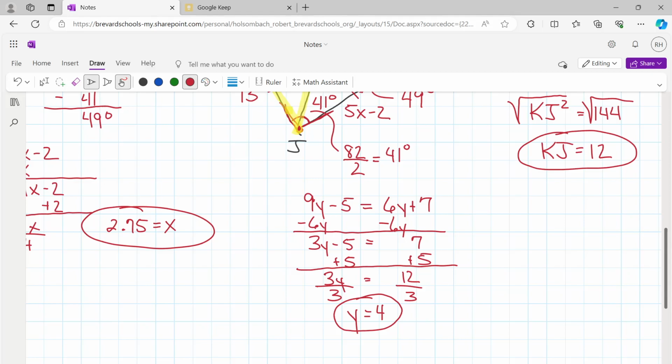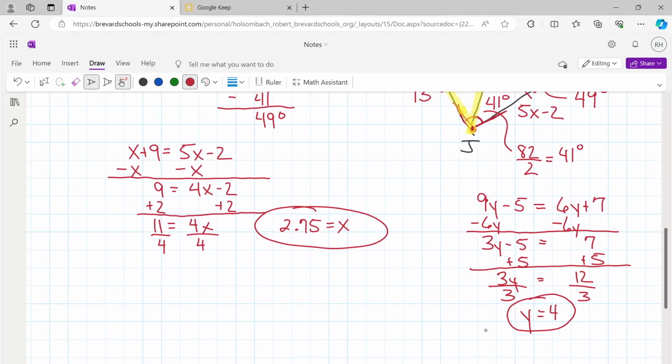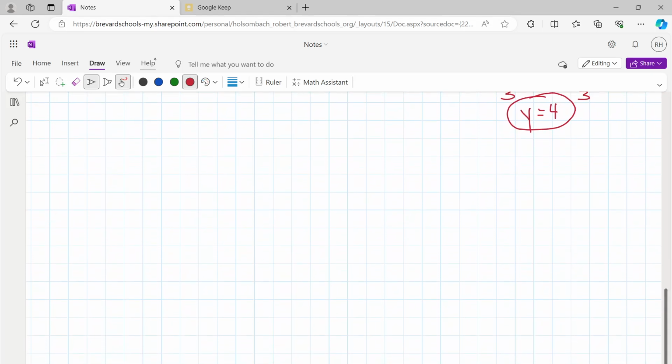All right, let's look at page 431 down there on the bottom. And we've got a definition of a square.